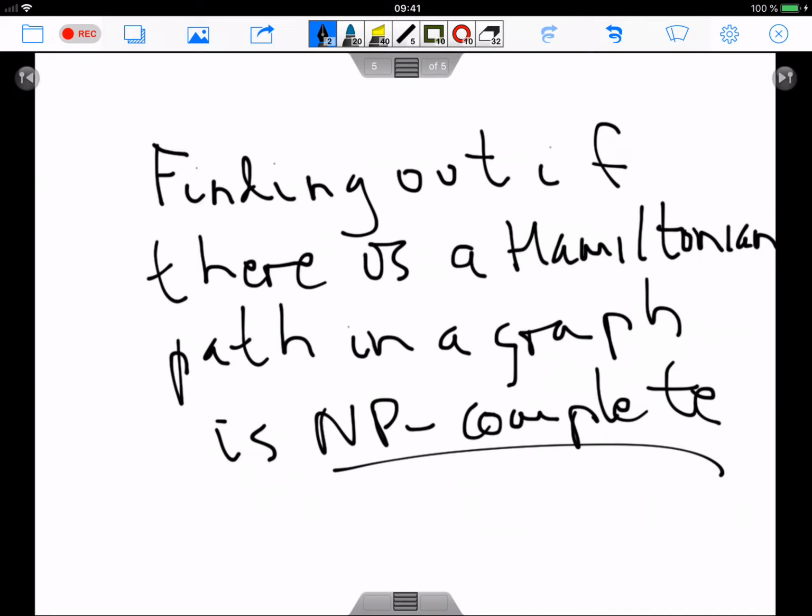We can enumerate all the different paths and check if any of them is a Hamiltonian path, if any of them uses the vertices in the graph once and only once. This can work for small graphs. But if the graph is bigger, if it has, for instance, 2,000 vertices, then this is almost impossible.